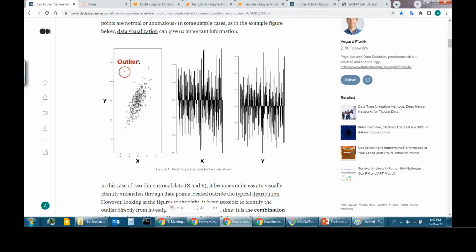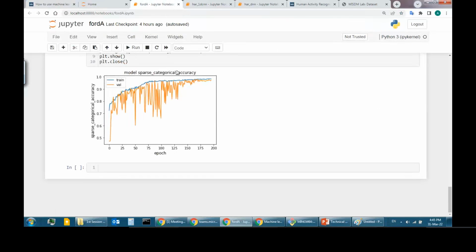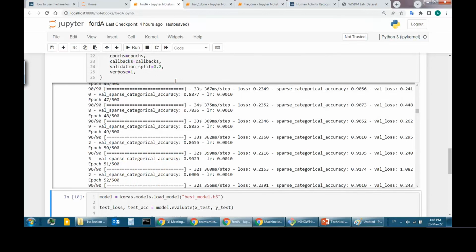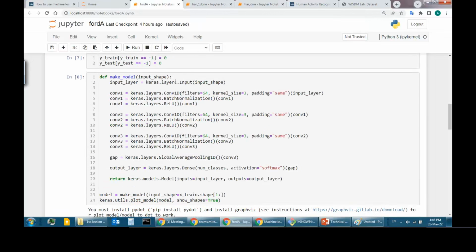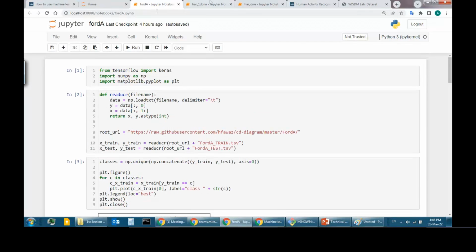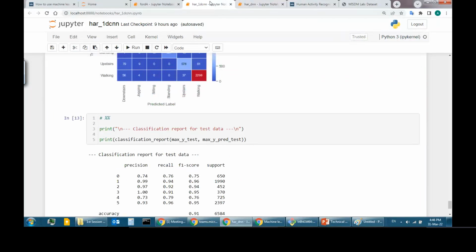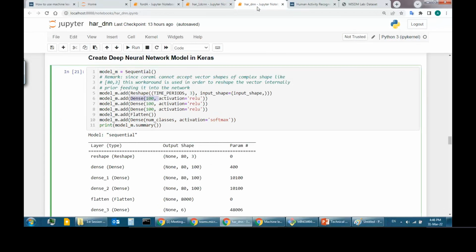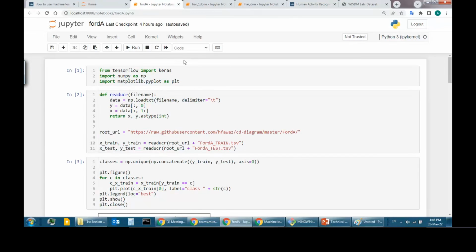Other students have human activity recognition or road condition classification. You have two examples here, for a one-dimensional convolutional neural network and for the MLP, deep neural network. And there is also the engine noise example, classifying it as normal or abnormal. All these codes can be applied to different data sets.